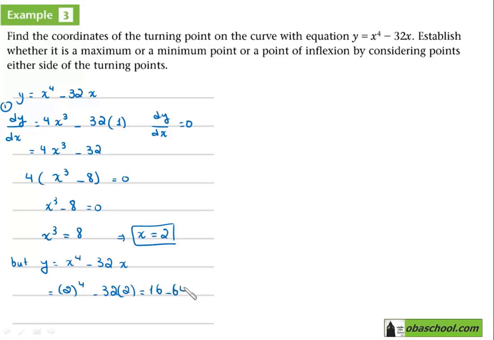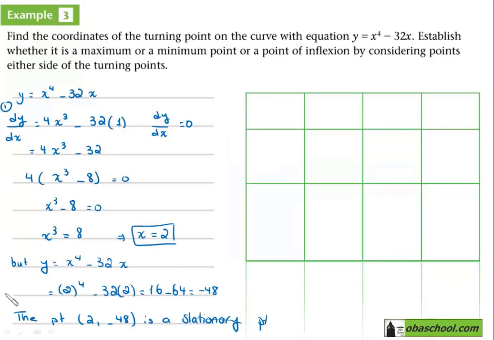That means y is equal to minus 48. Therefore, the point (2, minus 48) is a stationary point. We can say stationary or turning point. Now we need to define if it is a maximum, a minimum or a point of inflection.